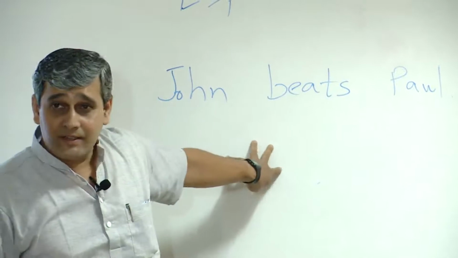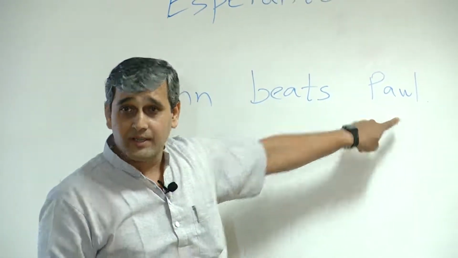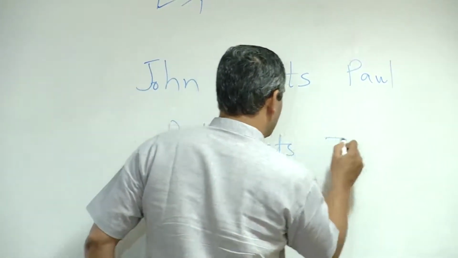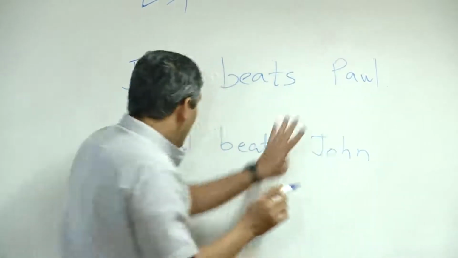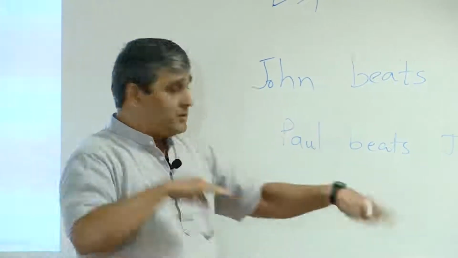Then in this sentence, John is the subject and Paul is the object, right. If I reverse, Paul beats John, same words, the word order is changed, everything changes.